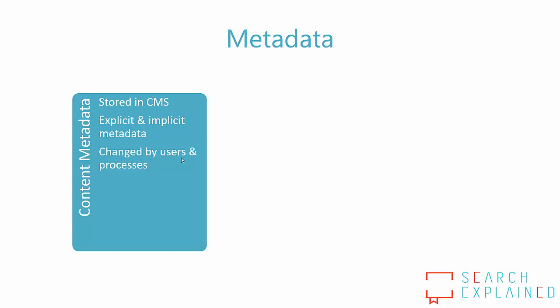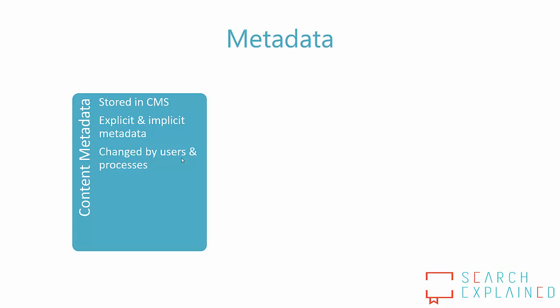Implicit metadata is created by the system and mostly says what the content is and not what the content is about. Implicit metadata is, for example, last modified time, created by, file extension, and those kinds of things.